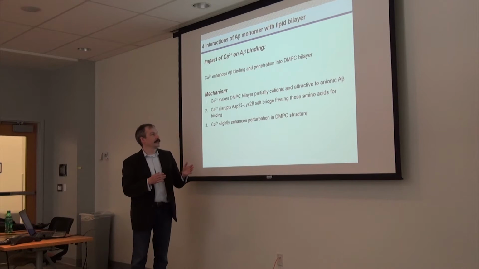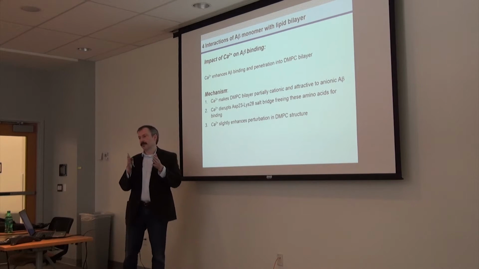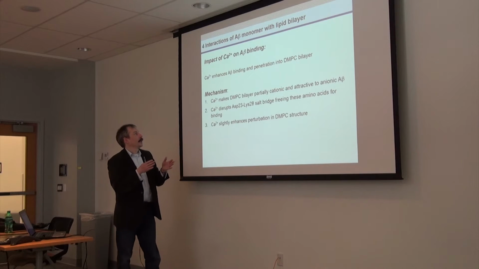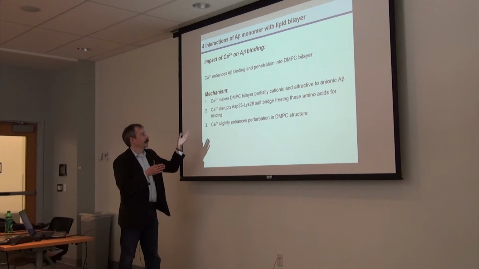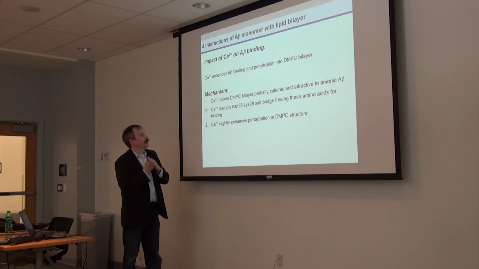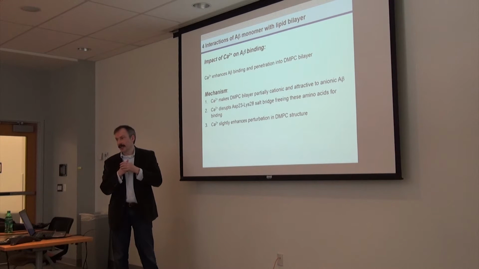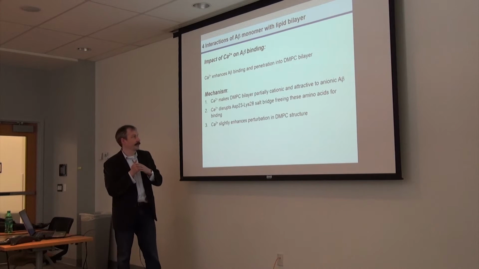There are no surprises here. It is known that calcium strongly binds to the anionic groups in the bilayer, particularly to the phosphate groups. And in a nutshell, our simulation suggests that when calcium is introduced as the third-party molecule to the system, it essentially just enhances binding of the A-beta peptide to the bilayer.